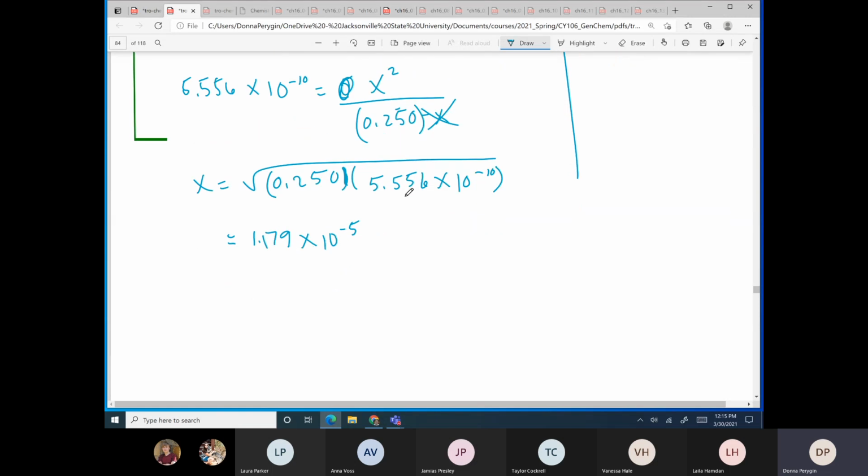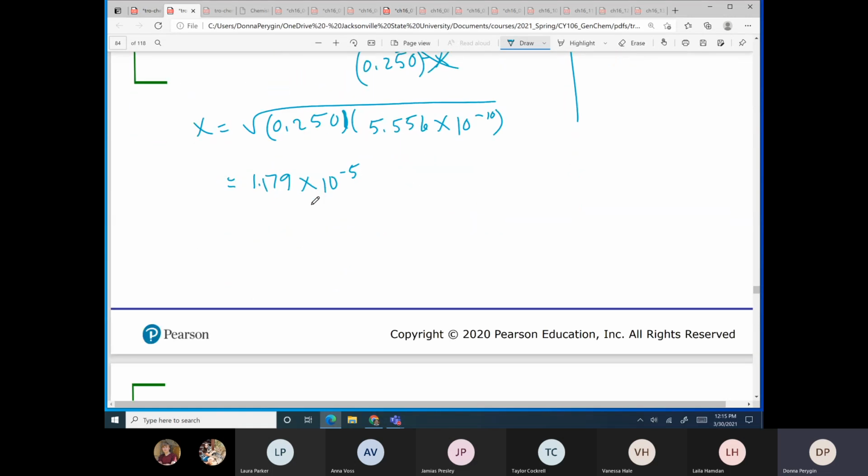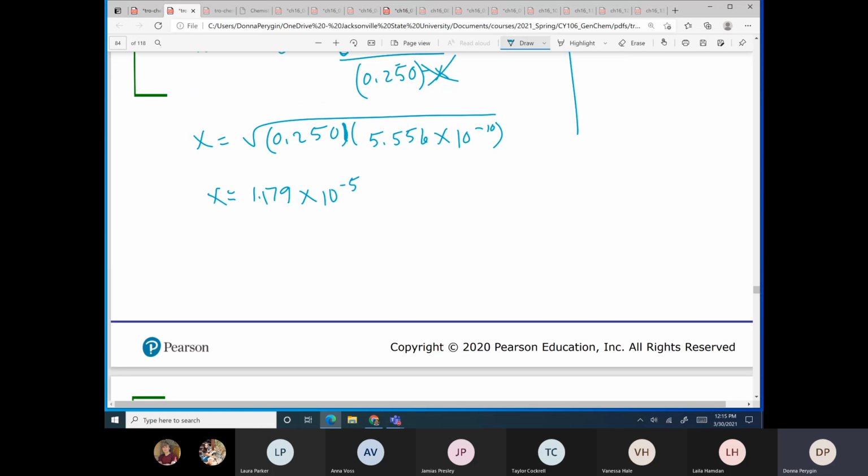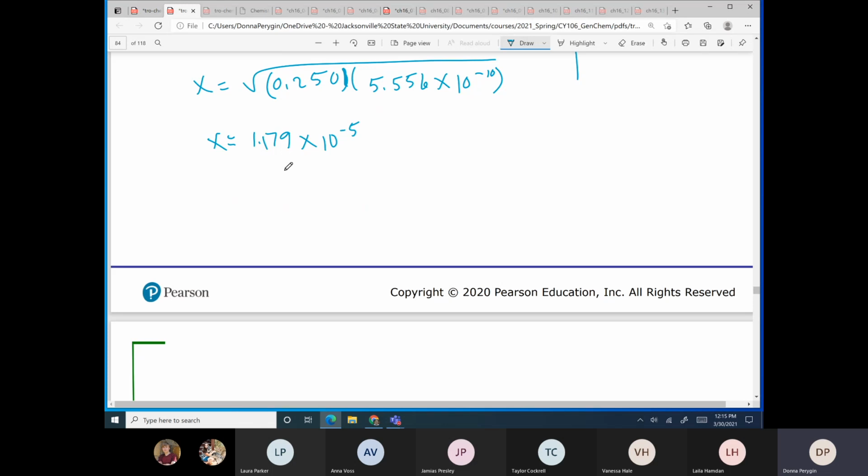And so you can divide that by 0.250 and multiply times 100 if you want to do the x is small approximation, and you get 0.47, showing that it's valid. But basically, this is my hydroxide ion concentration. So I'm going to skip the check there.